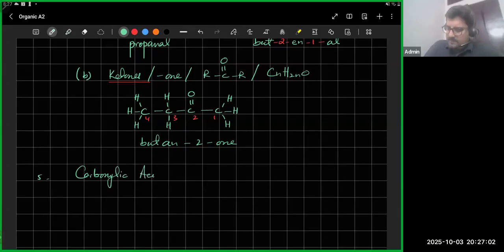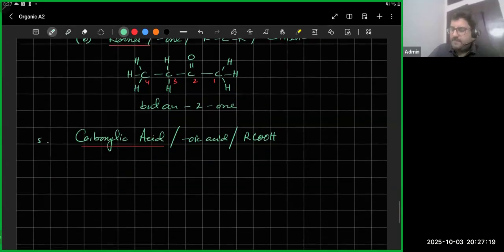Number 5 is carboxylic acid. It's oic acid basically, and so it's RC double bond OOH.